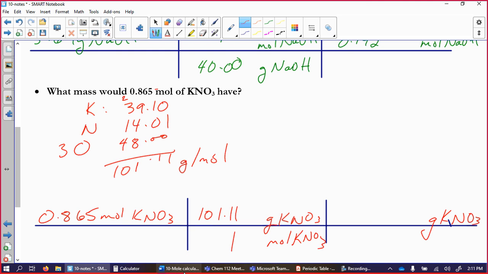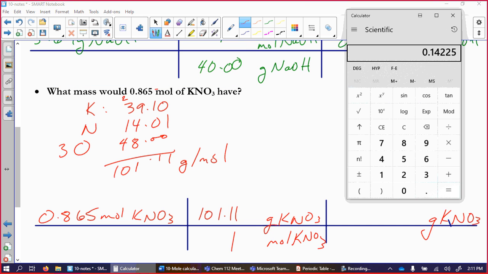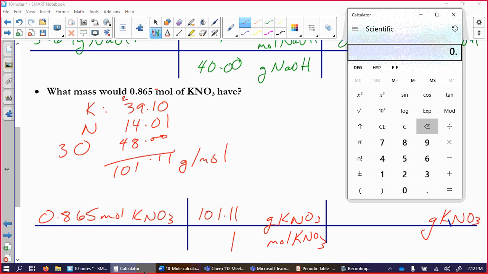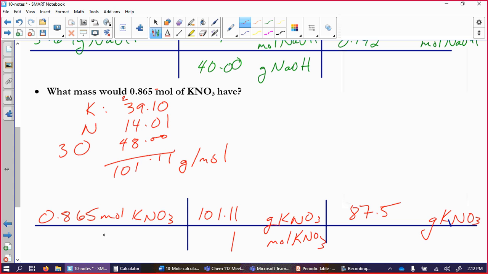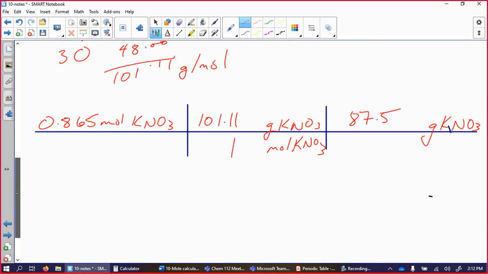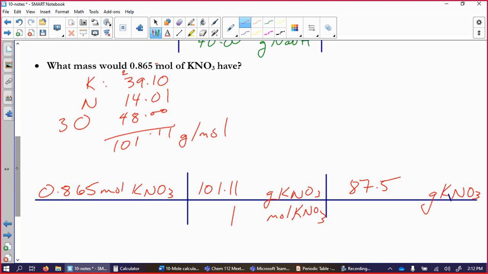So those are some questions you'll get later. 0.865 times 101.1 gives me three significant figures, 5. So I want 1, 2, 3, 87.5 grams of potassium nitrate. So those are the two calculations.